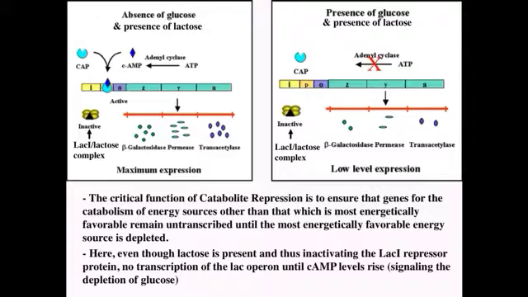So under early conditions where glucose is present, glucose is being transported in, adenyl cyclase is being inhibited, and so there's very little cyclic AMP. So the CAP protein, the catabolite activator protein, largely exists in the apo form, the absence of binding to cyclic AMP.